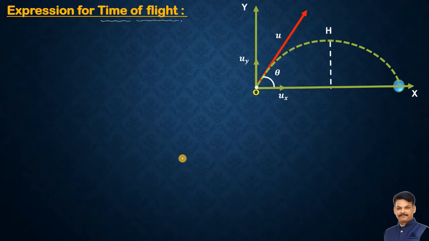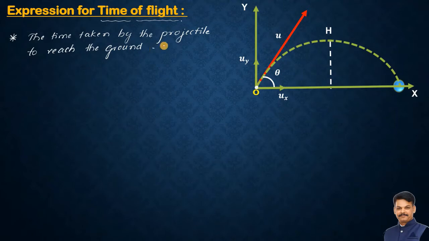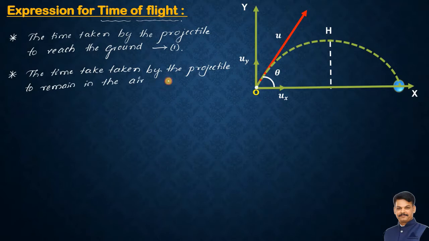The first way is the total time taken by the projectile to reach the ground. Or you can define the time of flight as the total time taken by the projectile to remain in the air.